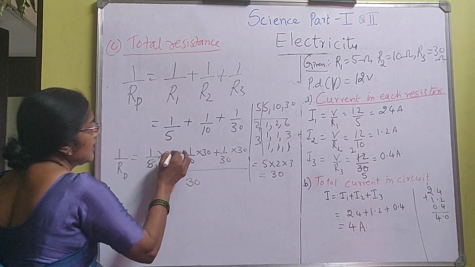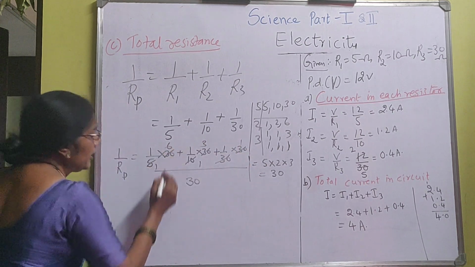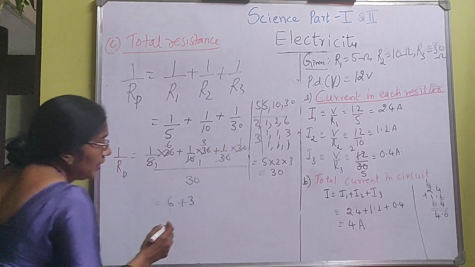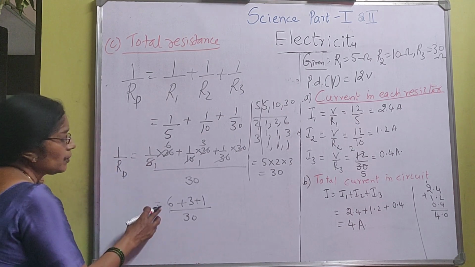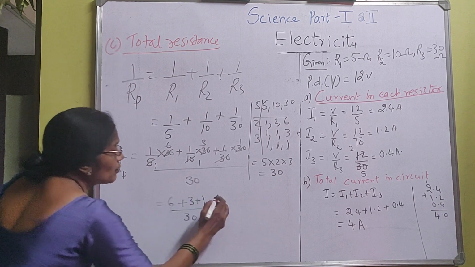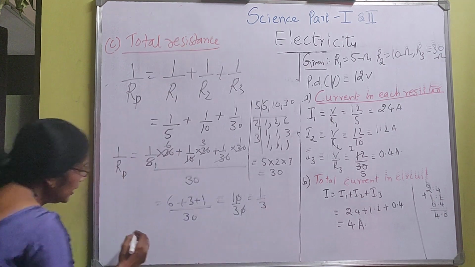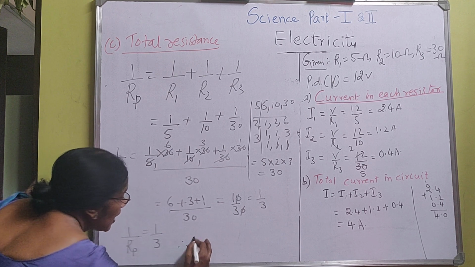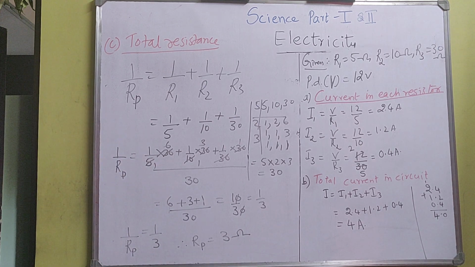So 5 6s are 30, 10 threes are 30, and 30 ones are 30. That gives 1 into 6 is 6, plus 1 into 3 is 3, plus 1, plus 1, whole divided by 30, which is 6 plus 3 is 9, 9 plus 1 is 10. 10 by 30, the zeros cancel, giving 1 by 3. So 1 by Rp is equal to 1 by 3. Therefore Rp, the reciprocal, is equal to 3 ohms. So the total resistance in that circuit is 3 ohms.